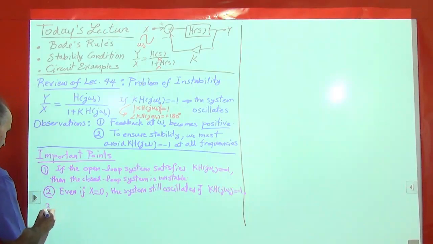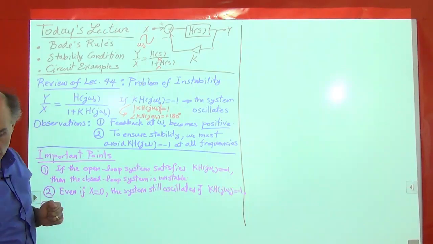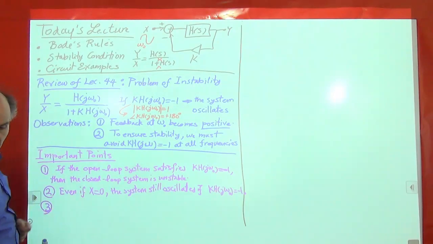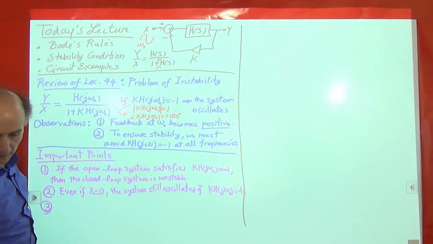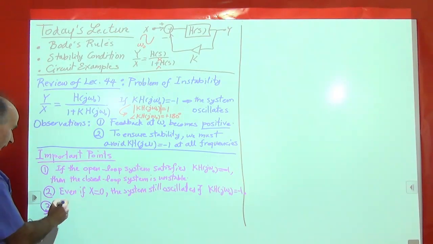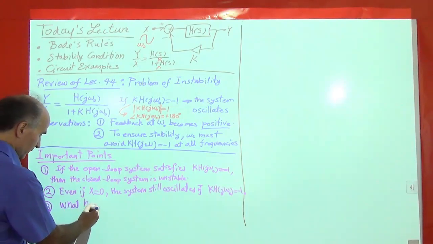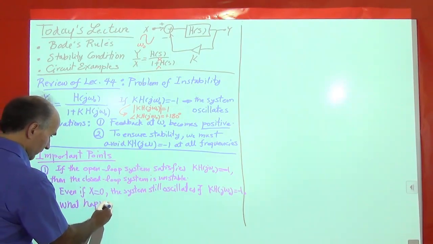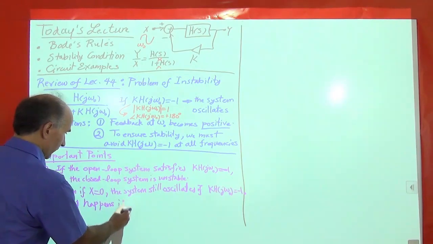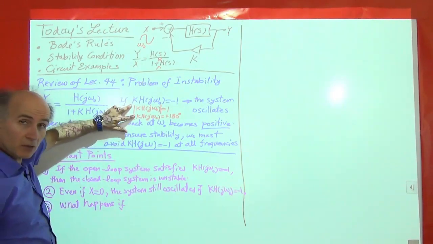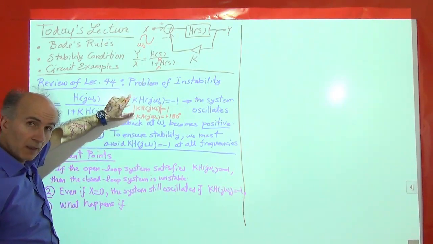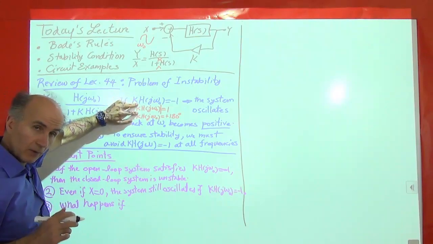Okay, number 3. The third point was, what we want to study is this. What happens if, so remember these two conditions which are equivalent to this? Now let's play a little bit with these two.